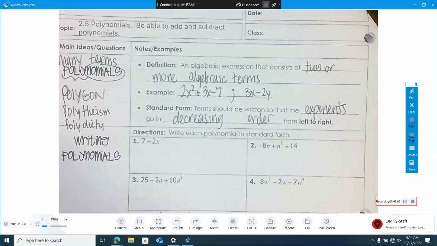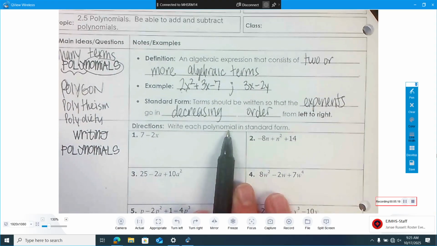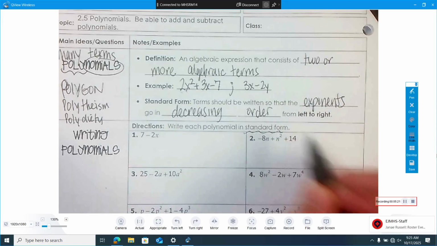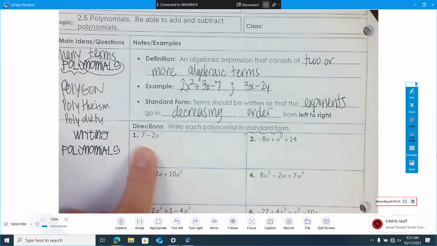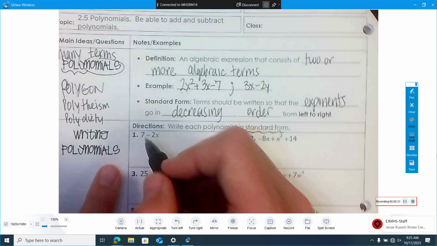We want the exponents to go from highest to lowest. And that's the easiest way to recognize our polynomials. So here, we want to write some polynomials in standard form. So I want anything that has x's to come first.